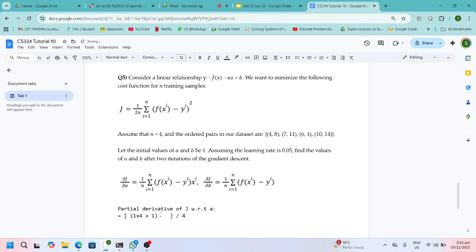So this is what I have, and with that I'm subtracting from it the original ground truth, which is equal to 8. So this is just for one single data point. Then I will need to multiply this with xi, and xi मुझे दिया हुआ था as 4.